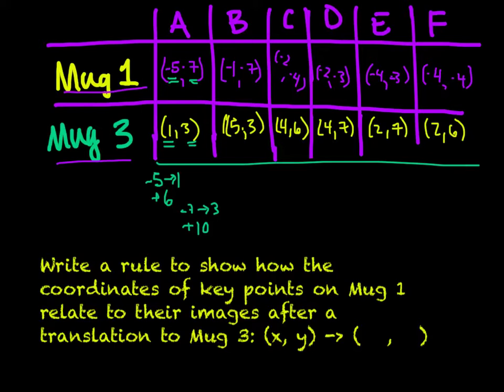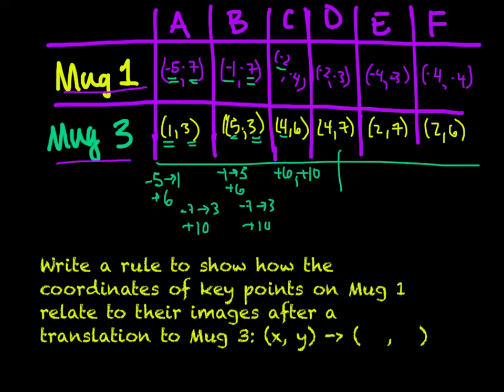Now, hopefully, if this was a true translation and if those two mugs were congruent, we would see this same pattern. So let's see if we have that same pattern. Let's look at B. From -1 to becoming 5, that is a +6. -7 to +3, we got a +10 again. -2 to +4, that is +6. -4 to +6, we have to add 10.